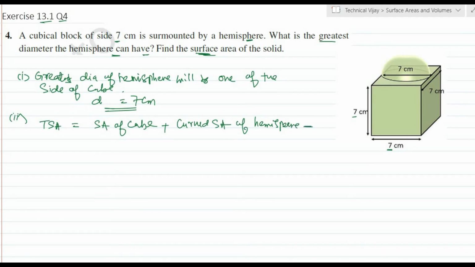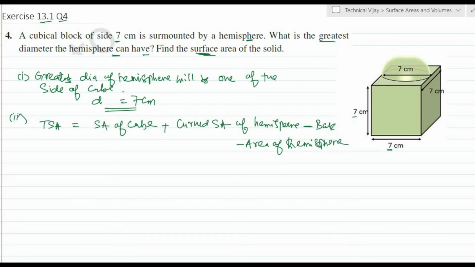What is that? The inner area has to be subtracted. So minus the area of the circle of radius 7 by 2, that is, minus the base area of the hemisphere.